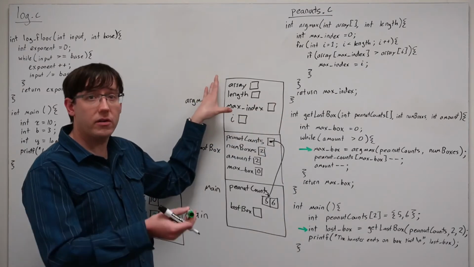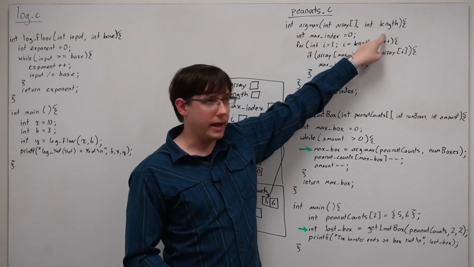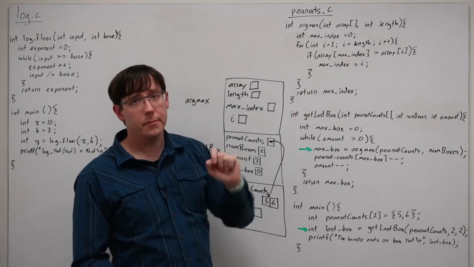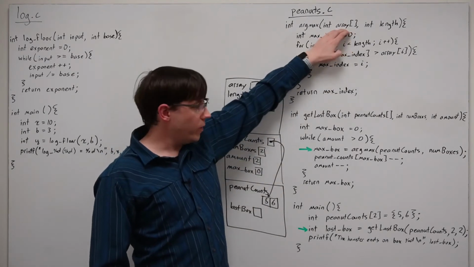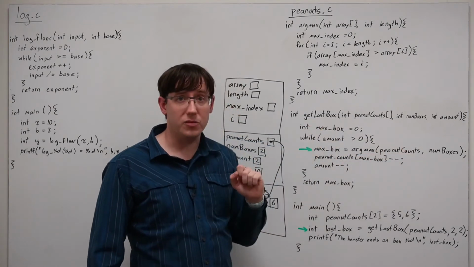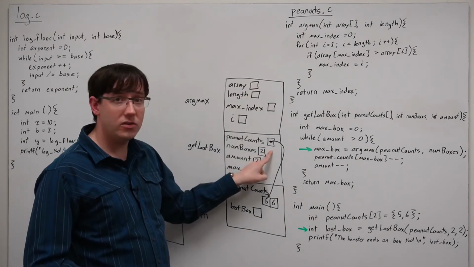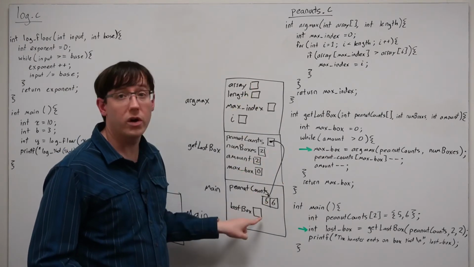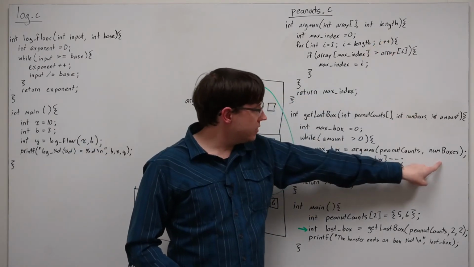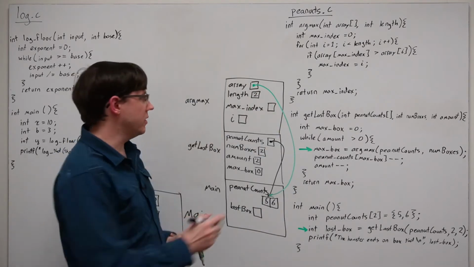In this stack frame, we have 4 variables: the arguments, array, and length, plus the local variables max index and I. We got the input array from the peanut counts variable in getLastBox, which means that array should point to the same place that the peanut counts variable was pointing. And we got length from numBoxes, so its value is 2. Then we set max index to 0.